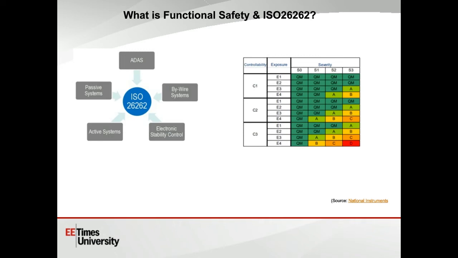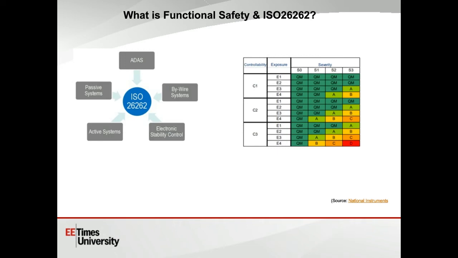And then exposure talks about how likely it is that such an event would occur. So, for example, E0 is incredibly unlikely, and E4 is something that might, in normal operation, have a higher probability of occurrence. And then finally, controllability says, okay, if this failure occurs, how easy is it to recover and control the vehicle in this situation? Again, C1, easily controllable, C3, difficult or impossible to control.